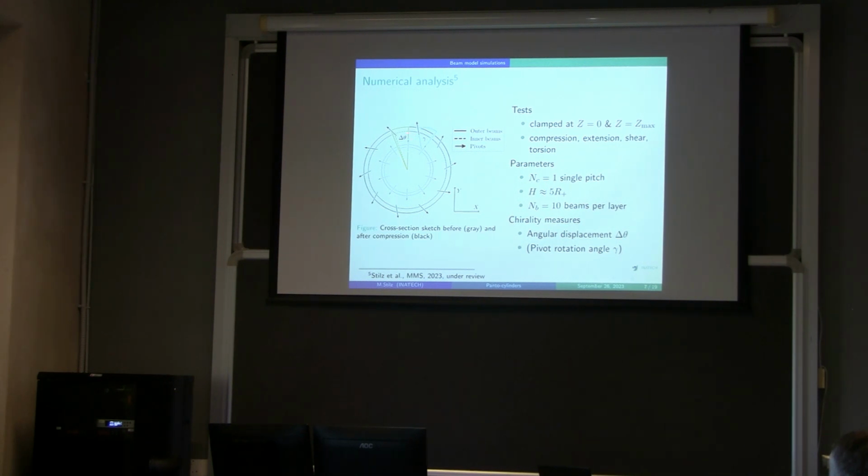But not only this, there is also a shift of the pivots or the beams themselves in one of these directions, and this breaks the symmetry and introduces a chiral behavior. So there's a preferred direction of rotation, and I call this the angular displacement delta theta. I also looked at the pivot rotation angle, but this is a completely correlated measure of chirality, so it's enough to look at these shifts.